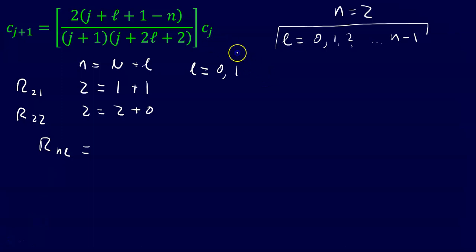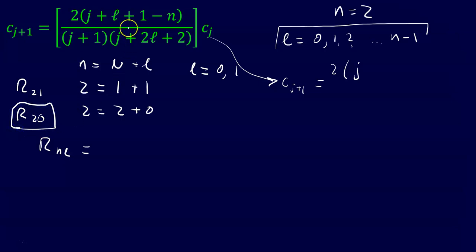So just like before, we can take this formula here. And so now we can just break this down a little bit. So Cj plus 1, if I look at this top part, it'll be 2j. And so we're going to do this now for the case, actually this should be 2, 0. For this guy here, the R 2, 0. So we're saying that L is 0 and that N is 2, so negative 2.